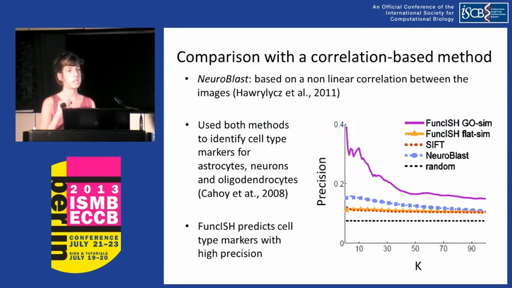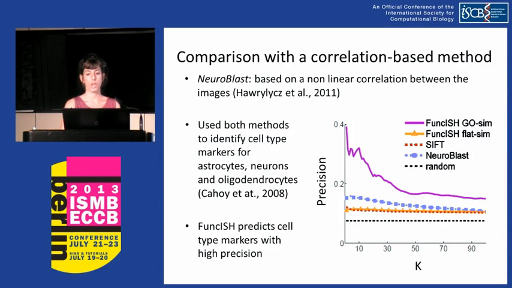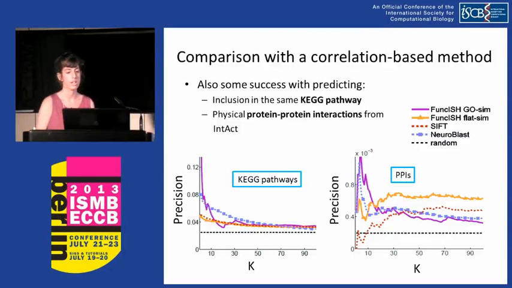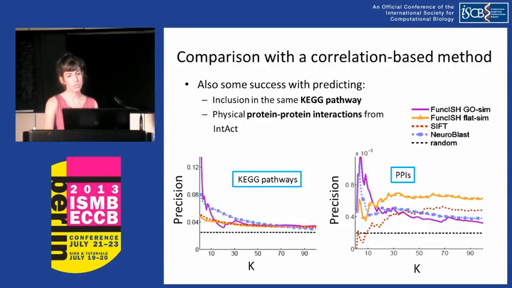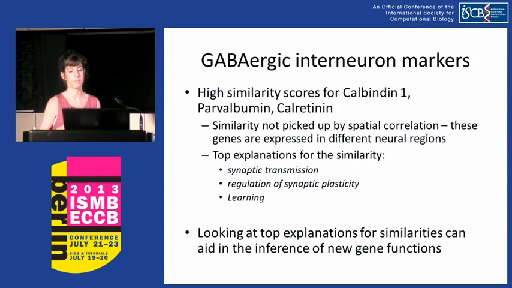So there is meaning to adding the hierarchical structure of Go to our score. We also tested against our visual representation, the SIFT bag of words representation, which is the red line here. So we see that we predict cell type markers with very high precision. We also had some success with predicting inclusion in the same KEGG pathway and protein-protein interactions, physical ones that we got from INTACT. But the real success we had was with cell type markers.